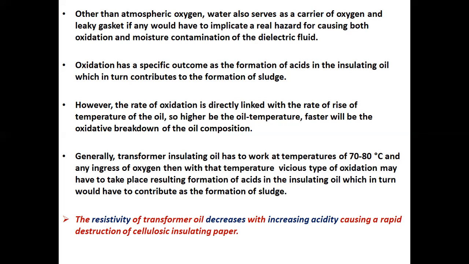Generally, transformer insulating oil has to work at a temperature of 70 to 80 degrees centigrade, and with any ingress of oxygen, along with the temperature, viscous type of oxidation may take place, resulting in formation of acids in the insulating oil, which in turn would contribute to the formation of sludge.